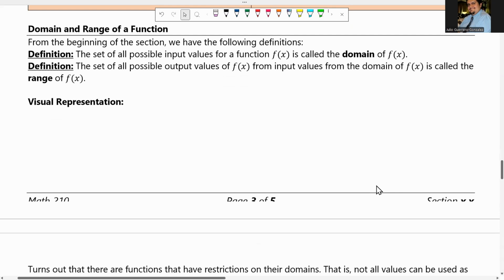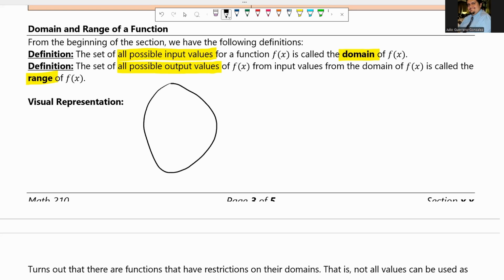Let me go back to a set of definitions that I covered in the beginning. The domain is all possible input values, and all possible output values from those domains is called the range. I know those are wordy definitions. The better idea is to use a pictorial definition, or a visual representation.